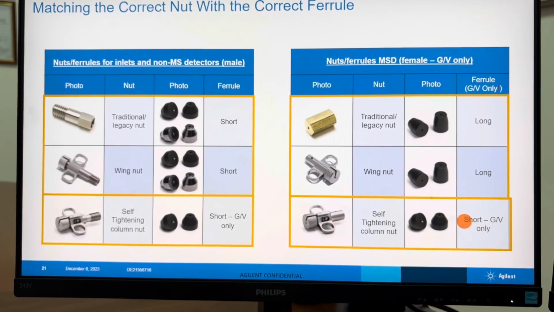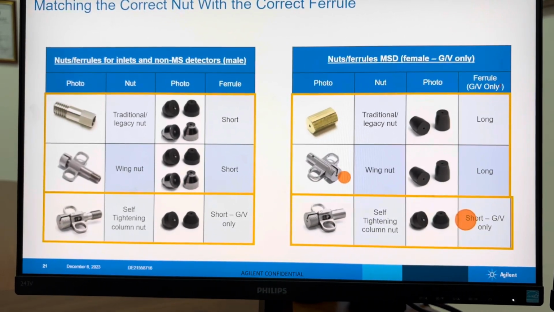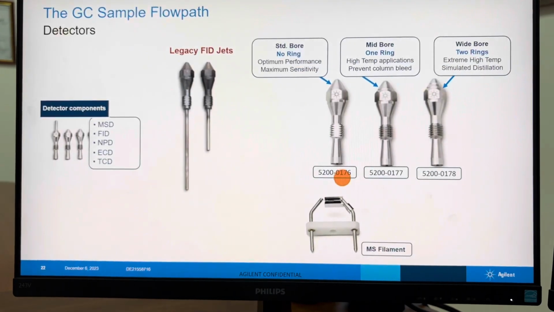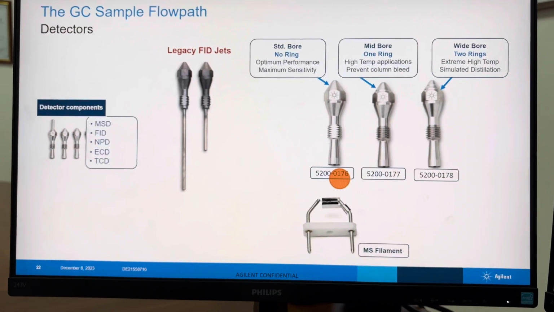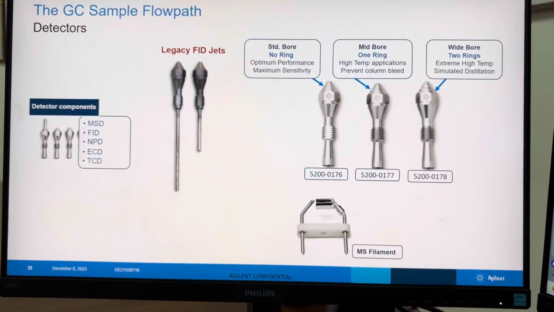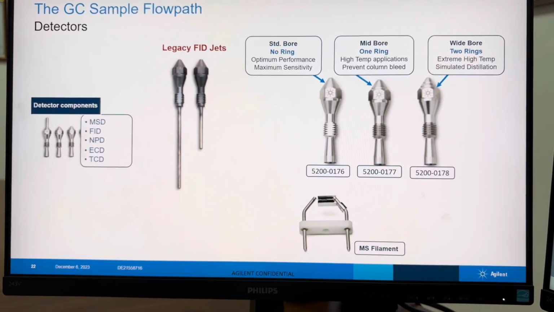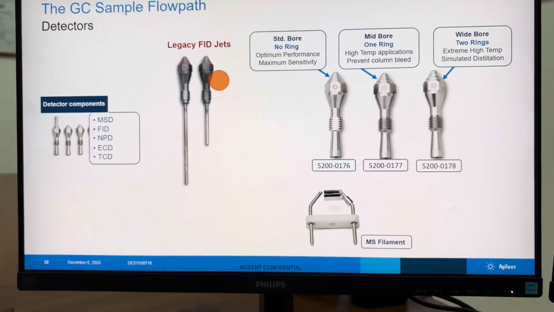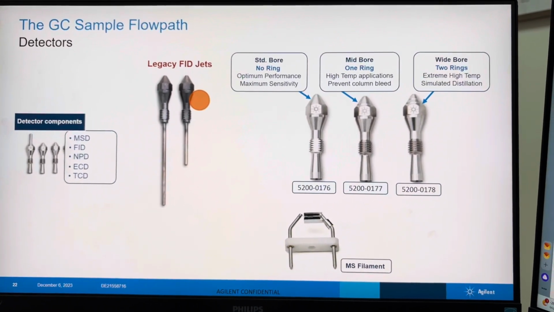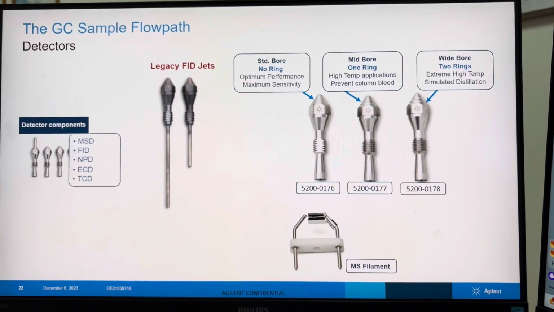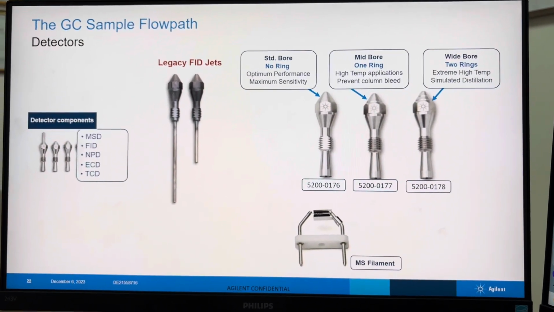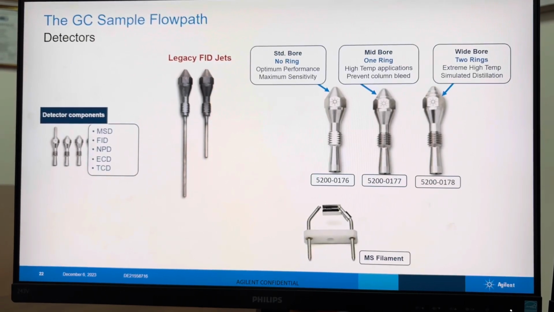And then detector supplies, we have MSD, FID, NCD, NPD, ECD, TCD. The legacy FID jets are this, and the new ones actually, there is no ring. This is standard bore, and if it's a mid bore, you can see here mid bore, there is one ring. So how will we be able to identify?